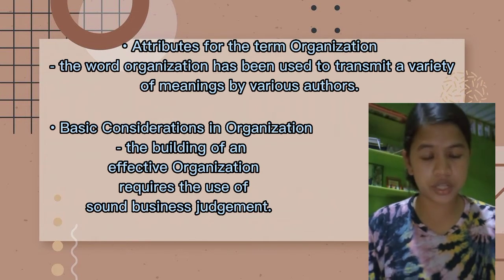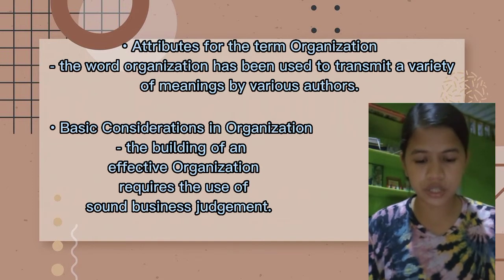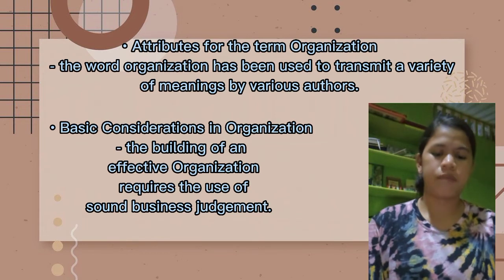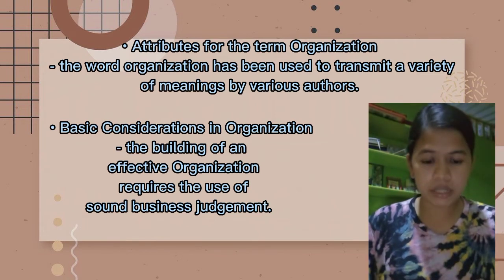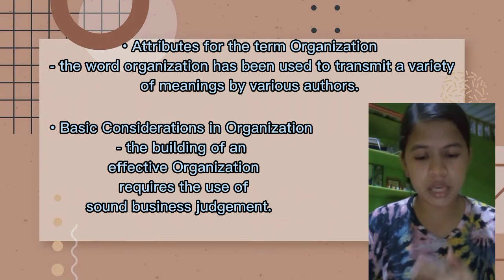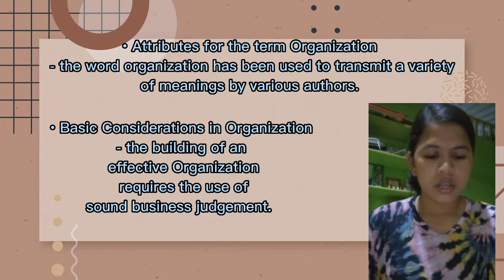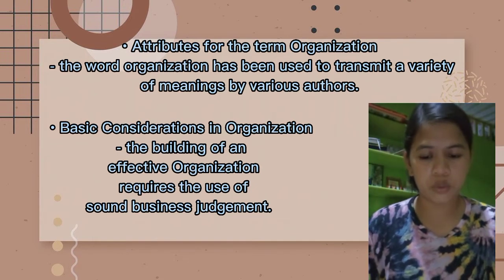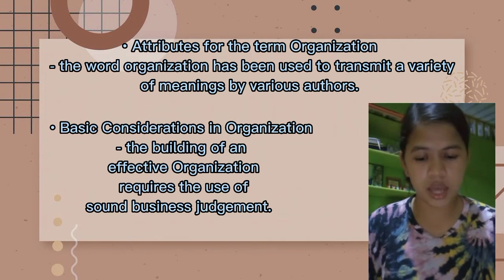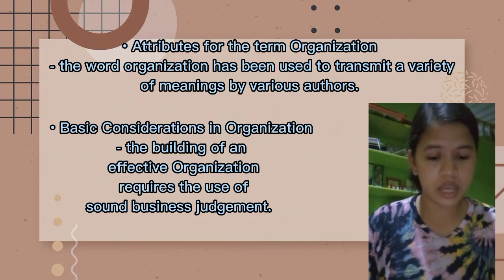Basic consideration in organization. The building of an effective organization requires the use of sound business judgment. From the different meanings given to the term organization, it can be gathered quite clearly that a certain school emphasizes the process rather than the relationship between the factors within which the process takes place.